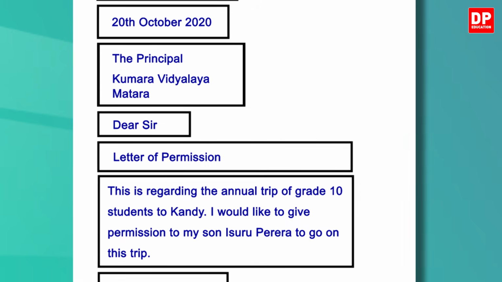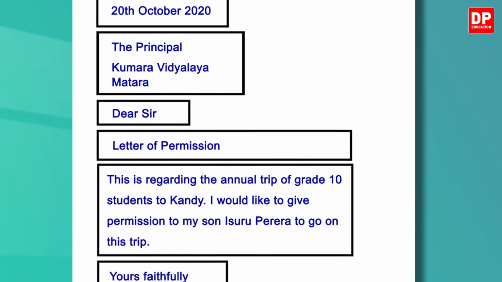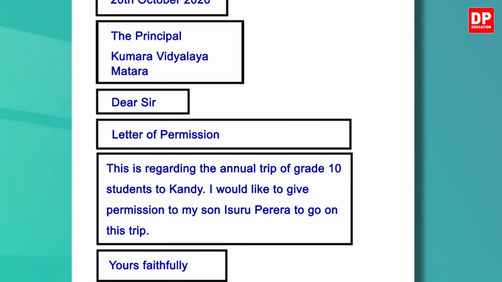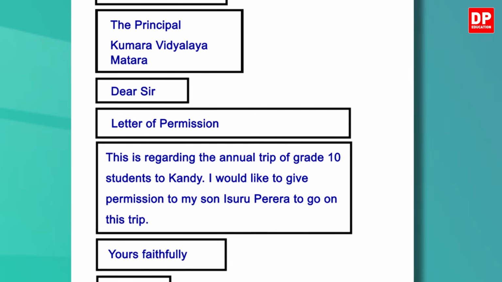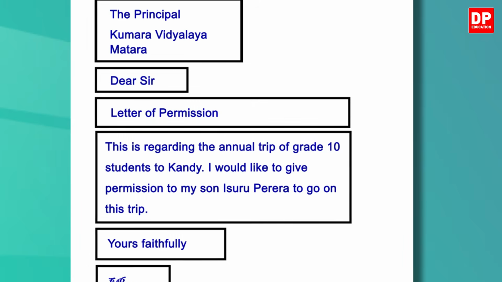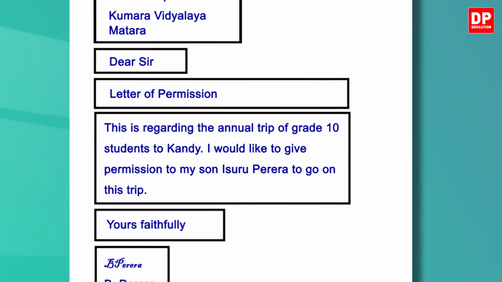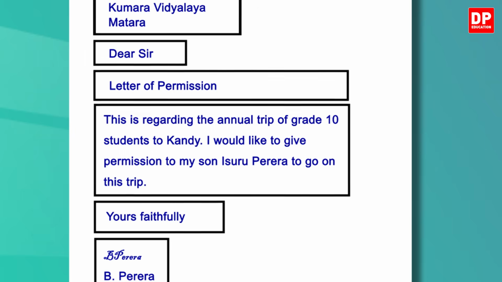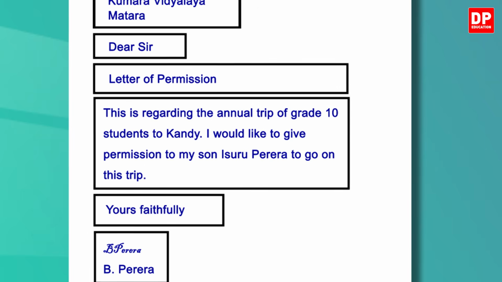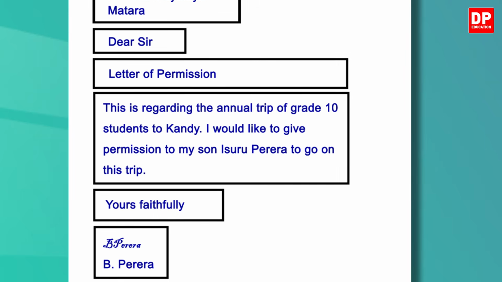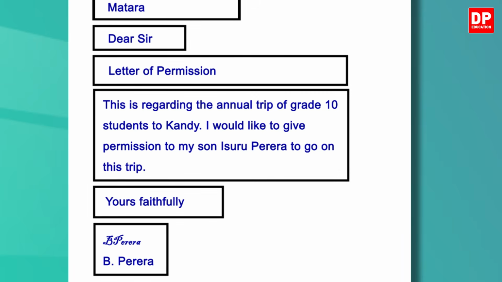Dear Sir, Letter of Permission. This is regarding the annual trip of grade 10 students to Kandy. I would like to give permission to my son Isuru Pereira to go on this trip. Yours faithfully, B. Pereira. Hope you got it correct.